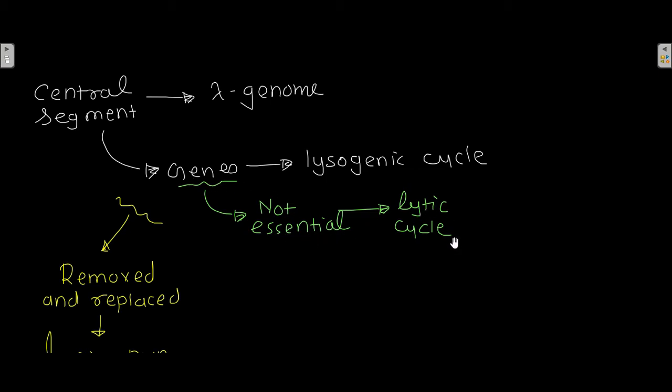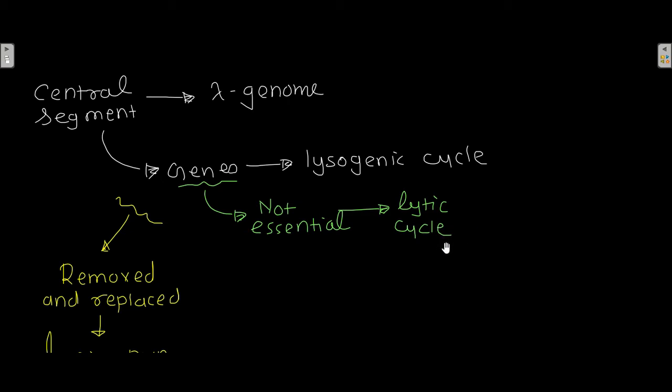The purpose of your experiment is that you should be able to insert the target molecule into this vector, and this lambda vector should show the lytic cycle. Then you will get the experiment done.